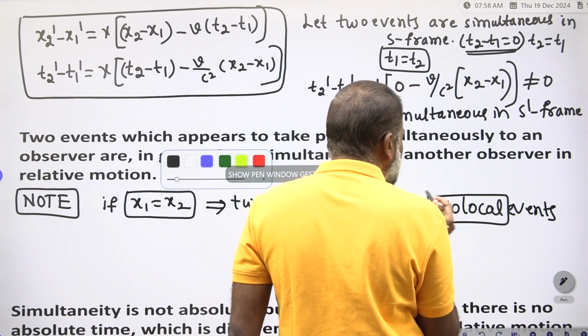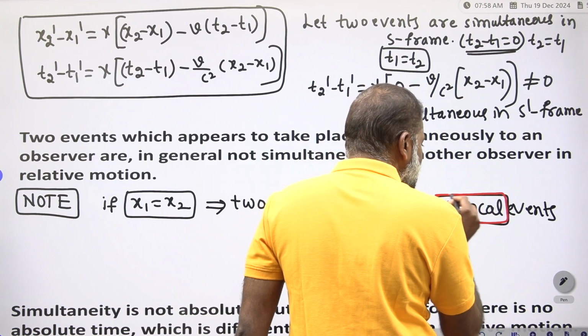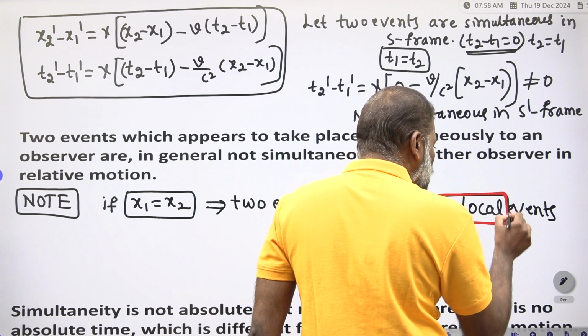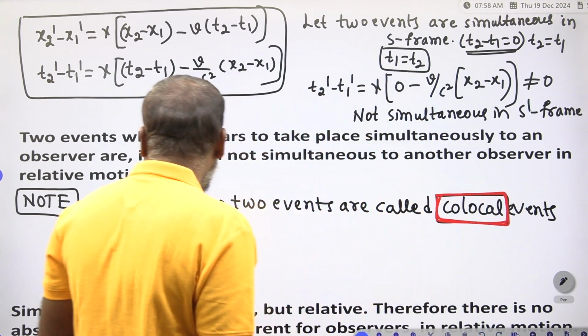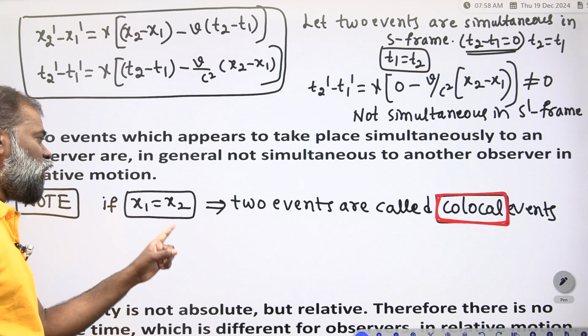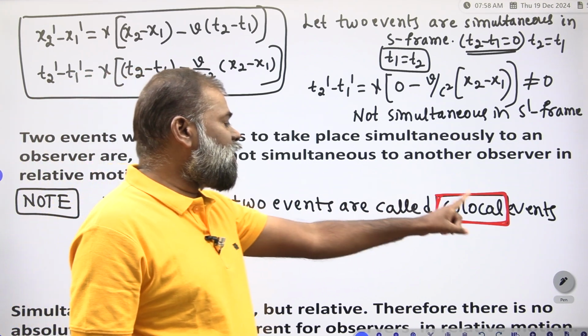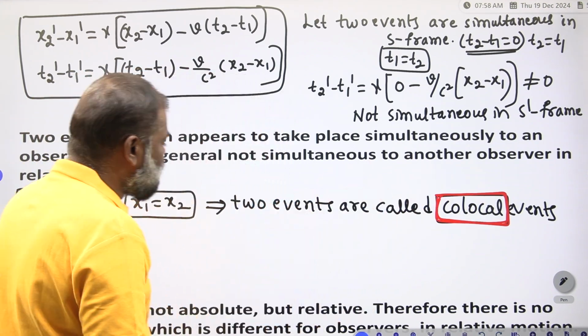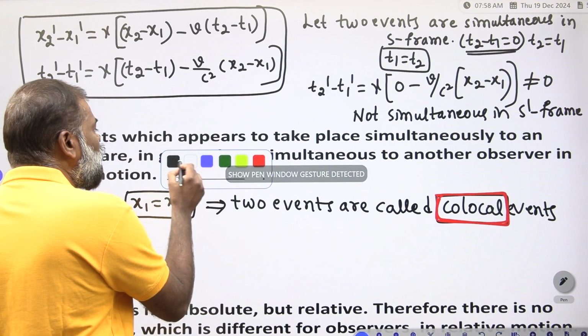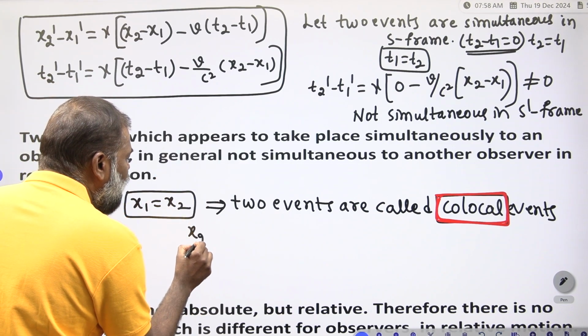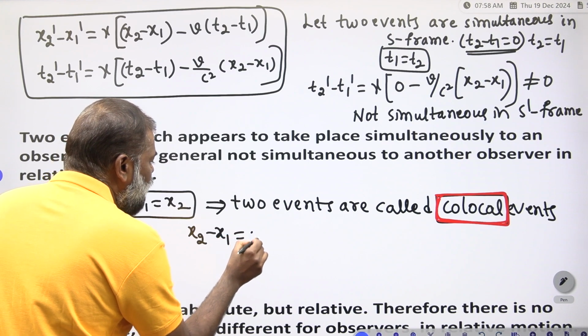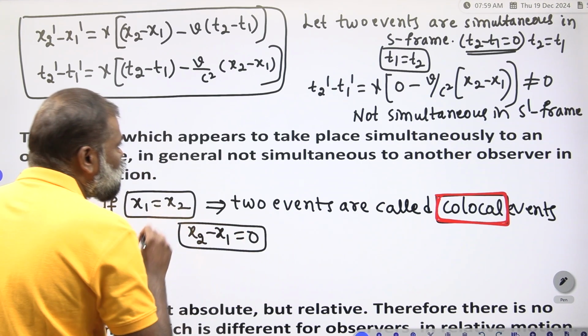This is very, very important. If x1 is equal to x2, we call them co-local events. And if x1 is equal to x2, then x2 minus x1 is equal to 0.